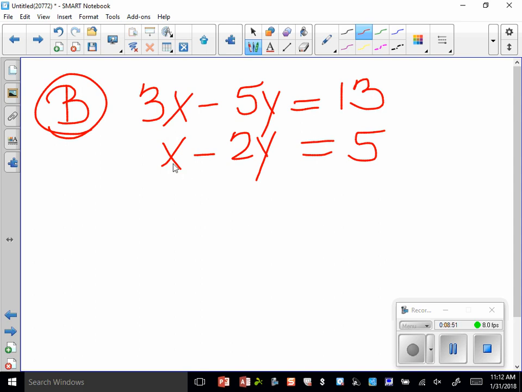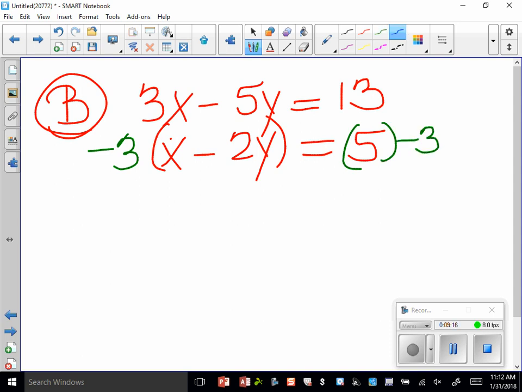The x's, okay? If you did the y's, you could make one a positive 10, one a negative 10, but that means you would have to change both. So if you really only want to multiply just one of them, I would just multiply the bottom one by, what would we multiply it by? Negative 3, because wouldn't we want the bottom to be a negative 3x and the top to be a positive 3x? Yes, that's what we want, opposite signs.